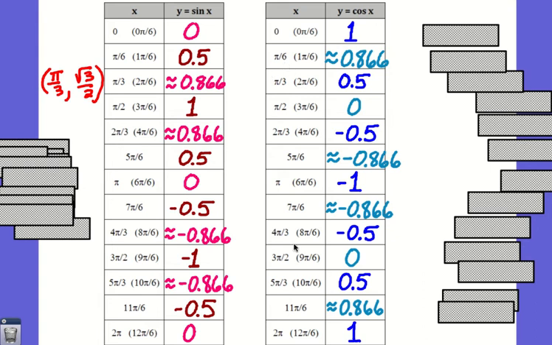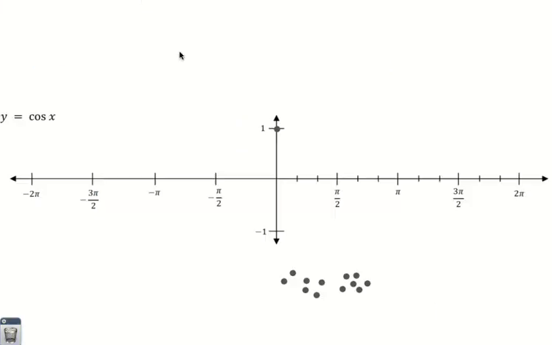Just a random example, 4 pi over 3, which is essentially 8 pi over 6, okay? That would get me negative 0.5. So at 8 pi over 6, like 8/6 of pi, we should be getting about negative 1/2. That's the point, okay?